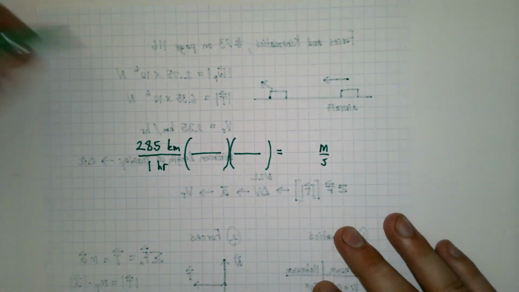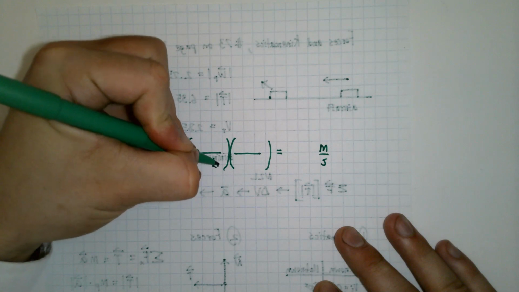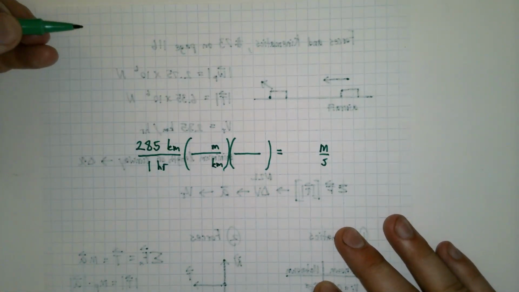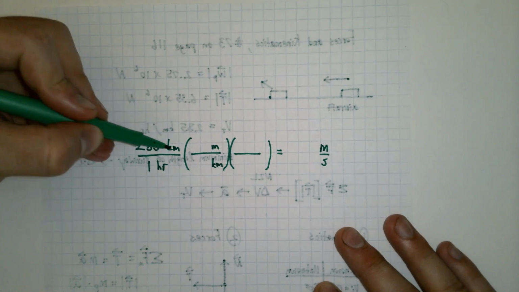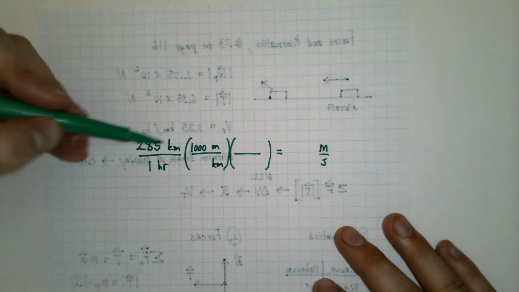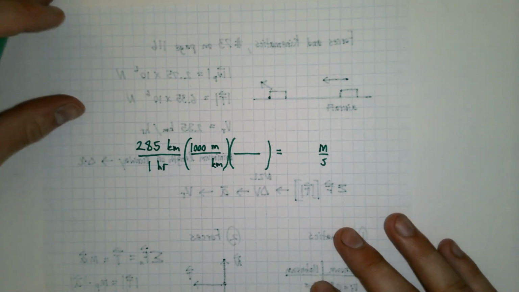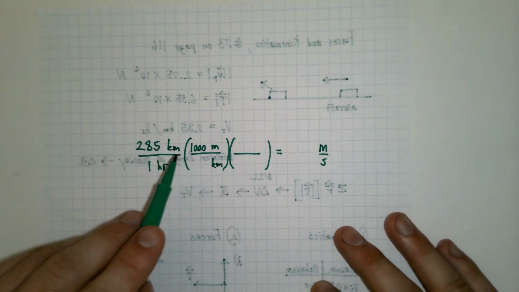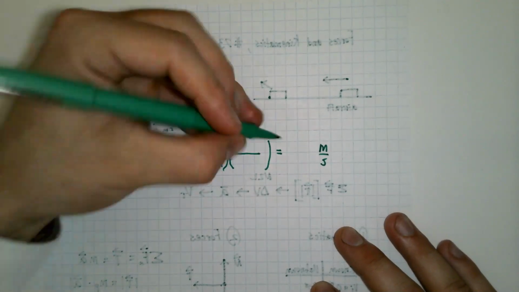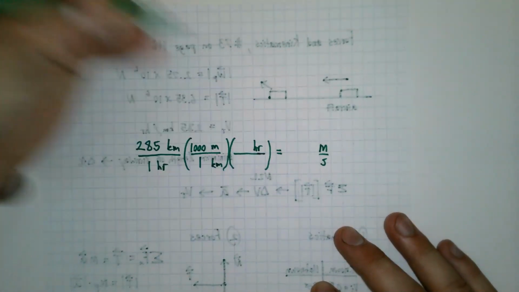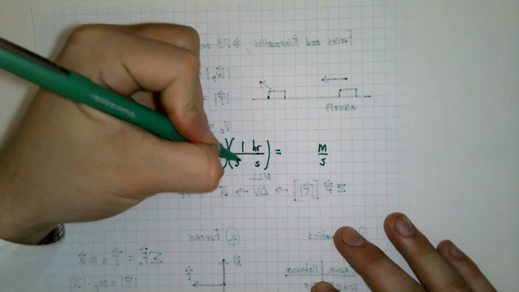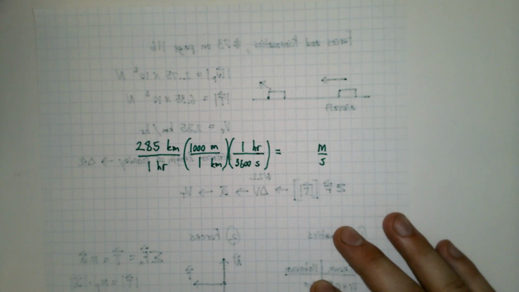First, we'll address the kilometers. Kilometers needs to be on the denominator, meters on the top, so that these two will cancel. We'll go from a really big measurement to a smaller measurement, so it's going to be split up into 1,000 pieces. For every 1 kilometer, we have 1,000 meters, so however many kilometers we have times 1,000 meters. Then we need to cancel and get rid of these hours and get it into seconds. I know for every 1 hour there are 3,600 seconds.